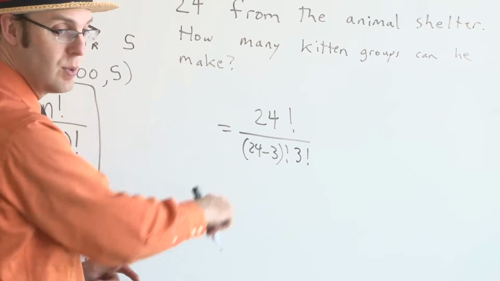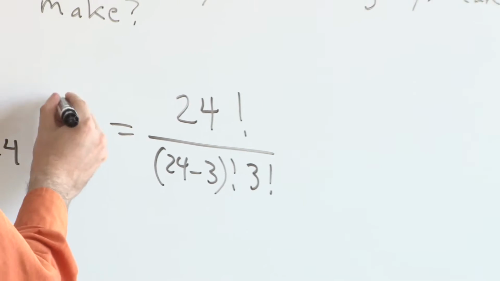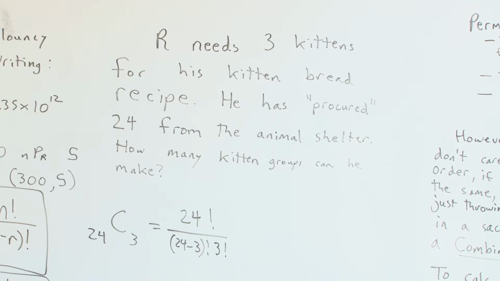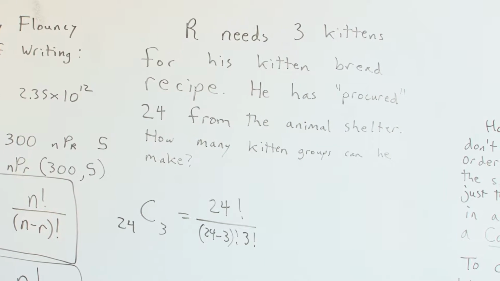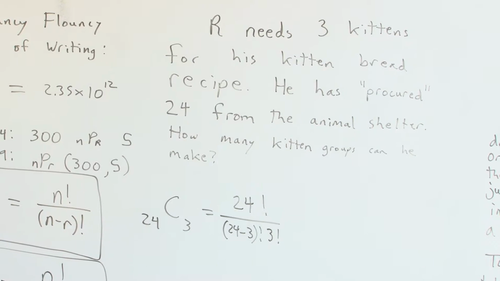So you could do it this way if you love factorials. Alternately, call it 24C3. And that'll give you the number of different 3 kitten baking options he has. Or she, we don't know who ours is.